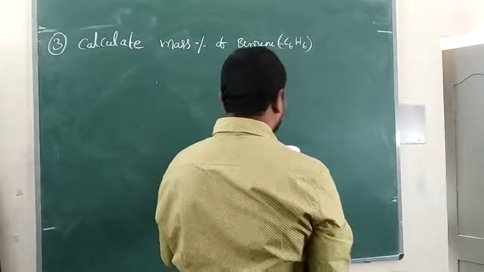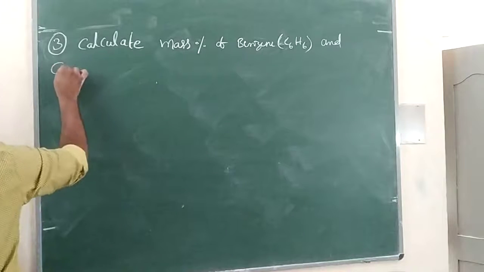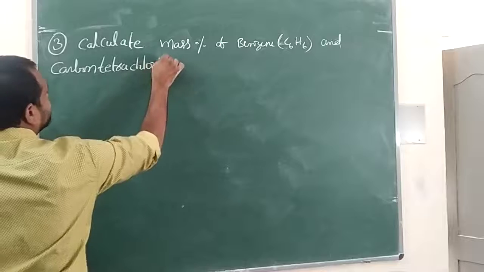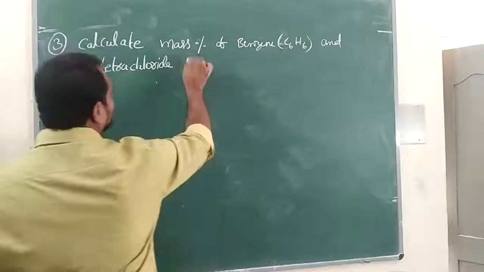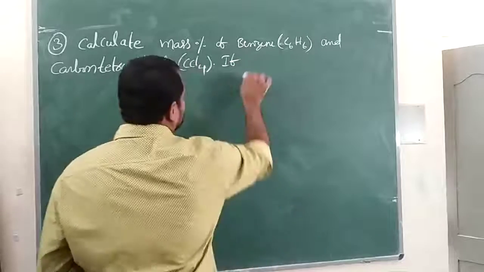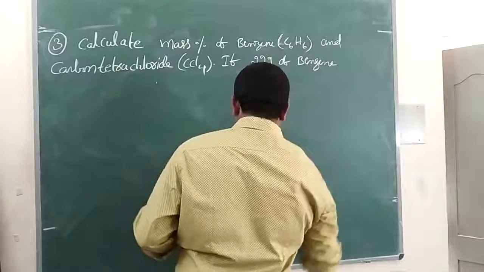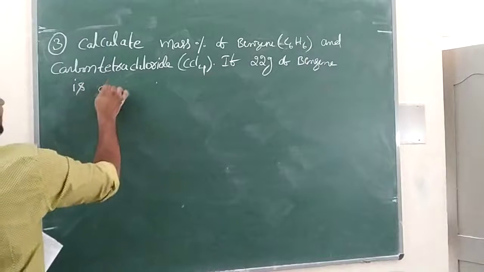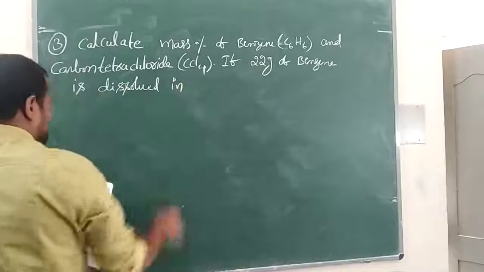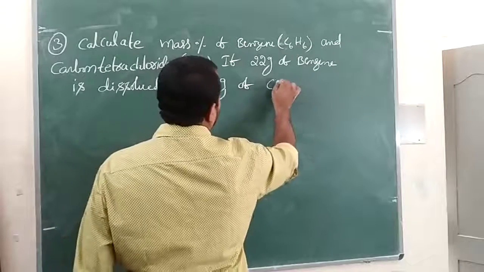Calculate the mass percentage of benzene and carbon tetrachloride, that is CCl4, if 22 grams of benzene is dissolved in 122 grams of carbon tetrachloride.